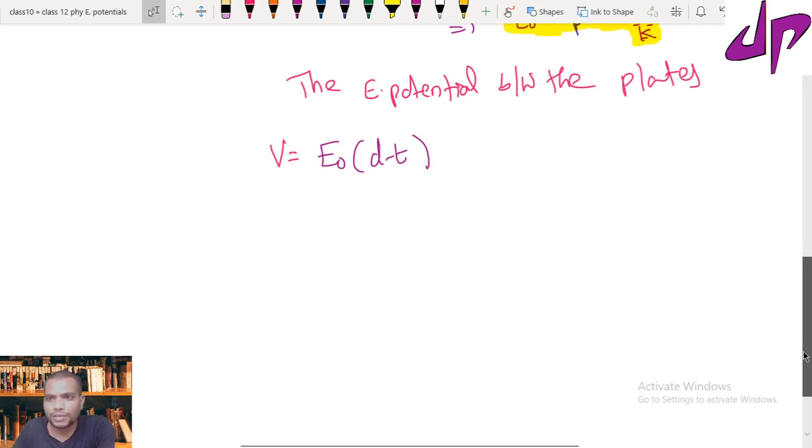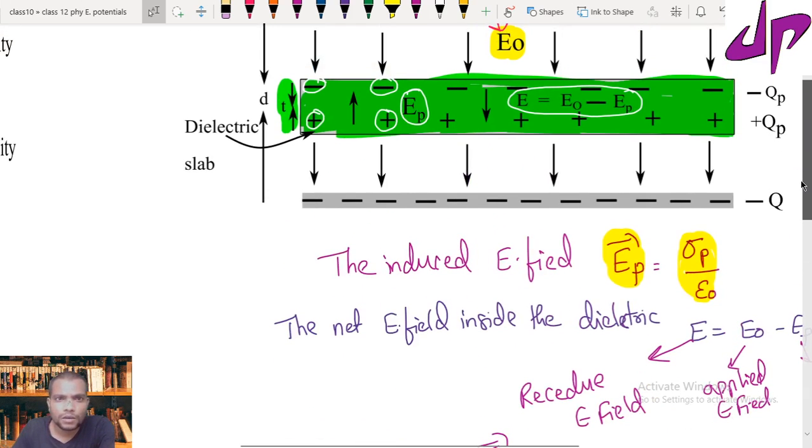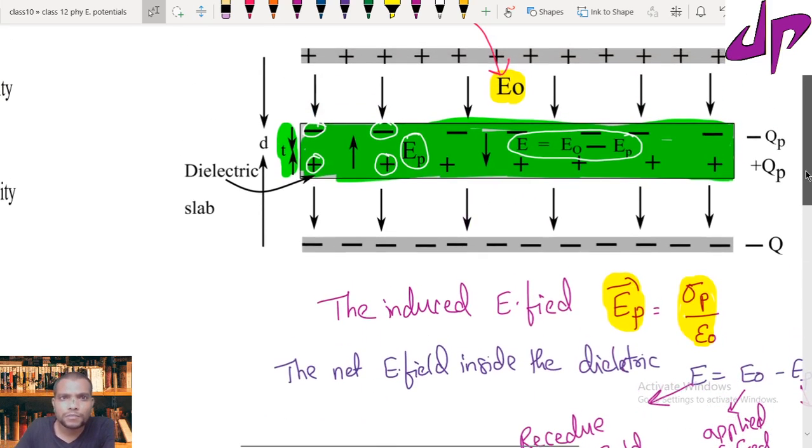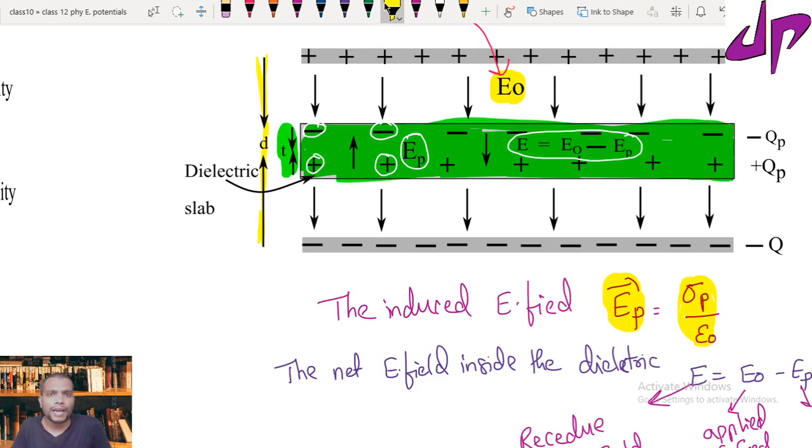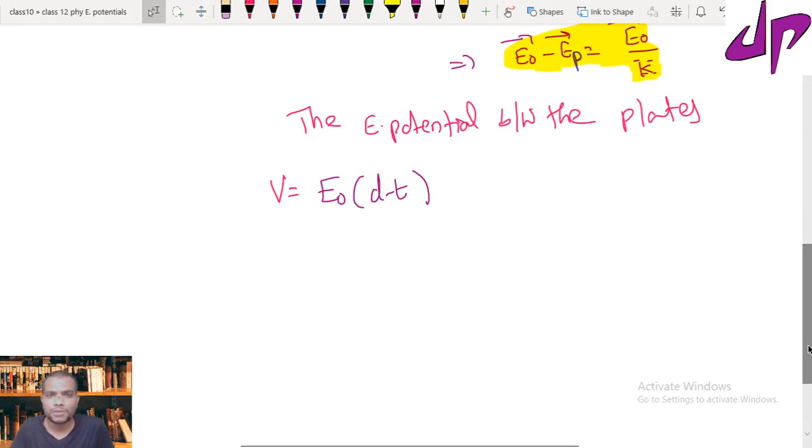So how is it D minus T? Here D is the distance between the two plates, and T is the thickness of the dielectric medium. To get the leftover space, the remaining part without the dielectric is nothing but D minus T. So that's why we got D minus T there.